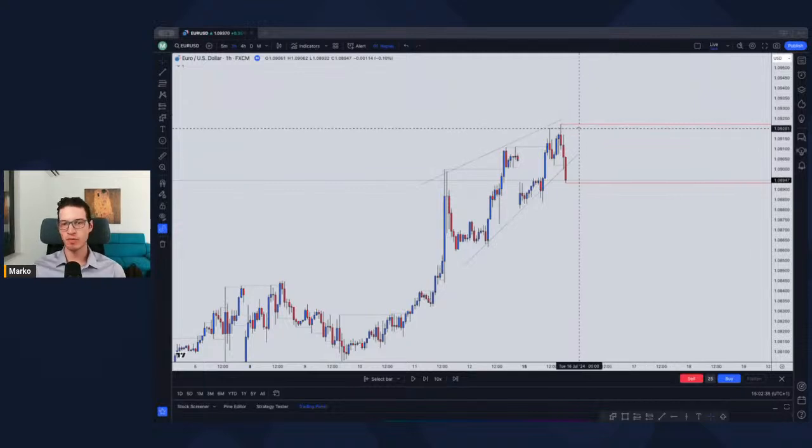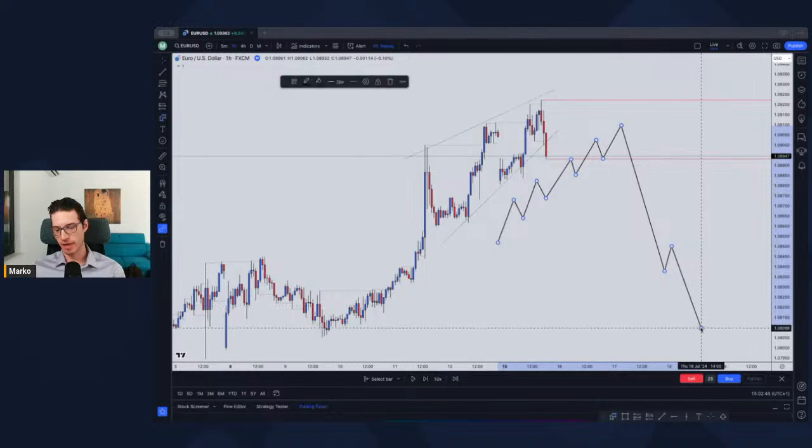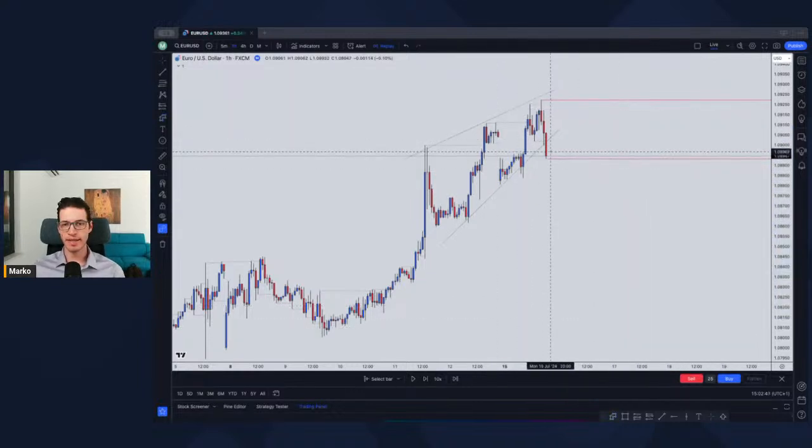So this is a prior price action pattern of an ascending channel. What usually happens after an ascending channel is price creates a downtrend, okay? So I saw this and then I saw a reversal entry pattern.